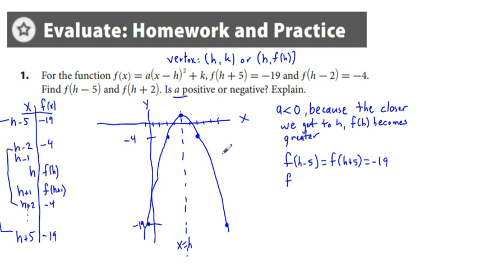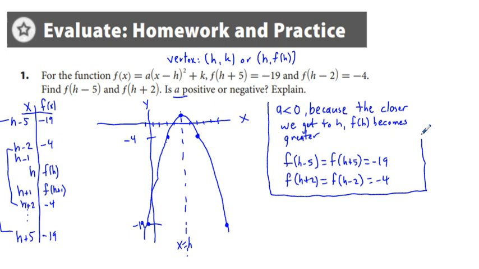F of h plus 2 is going to be equal to f of h minus 2, which is equal to negative 4. So those would be our answers to problem number 1. I find that making a table and making a sketch of a graph are corroborative things that help us understand what's going on here.